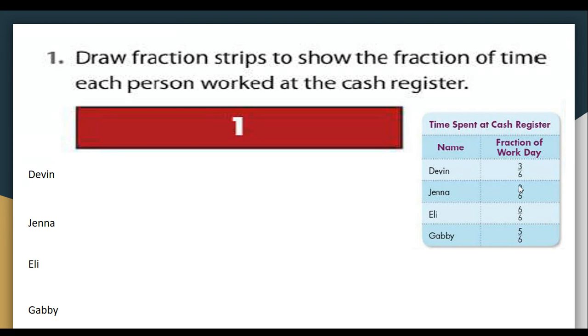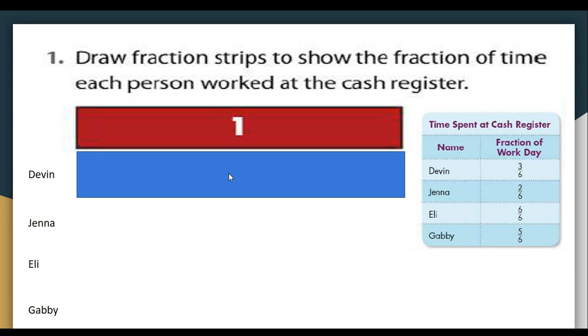So Devin worked 3/6 of her workday at the cash register. To say that in a different way, she worked 3 hours out of 6 hours at the cash register. If we wanted to draw a fraction strip to show how much time Devin spent at the cash register, we would first draw a fraction strip.